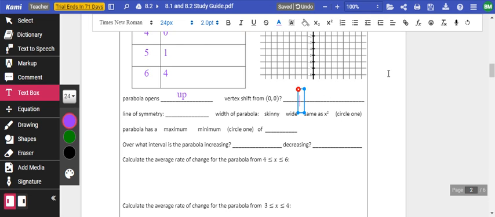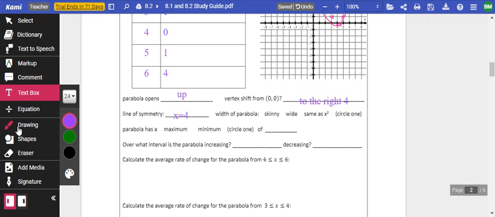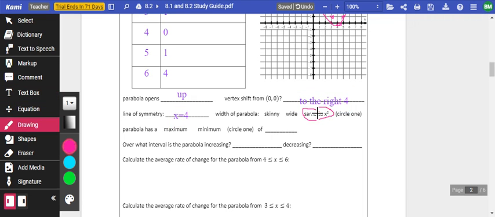My vertex shifted to the right 4. The line of symmetry is x equals 4. That's where I could fold it in half. It is the same width as x squared.